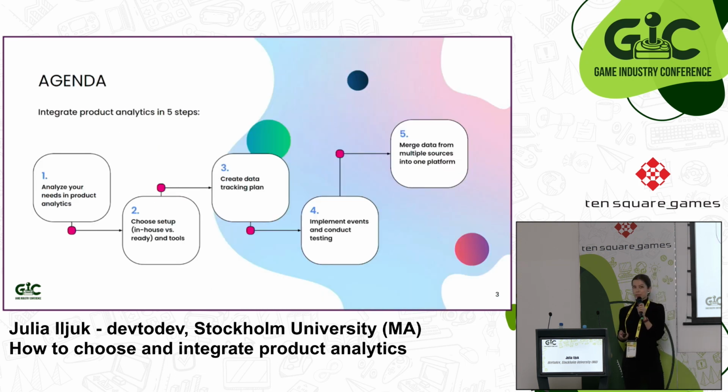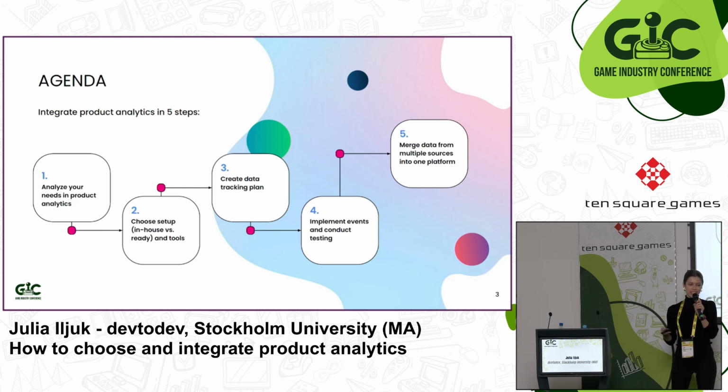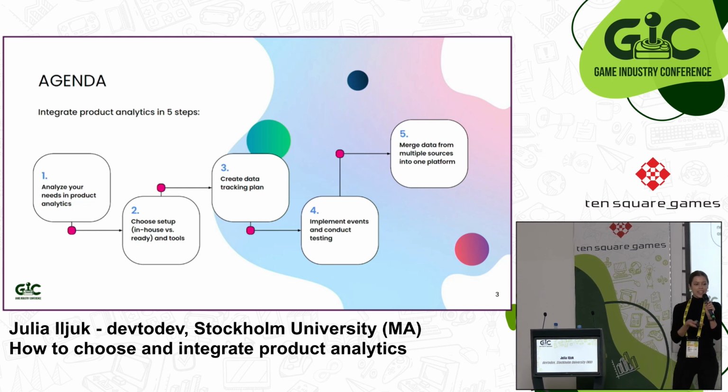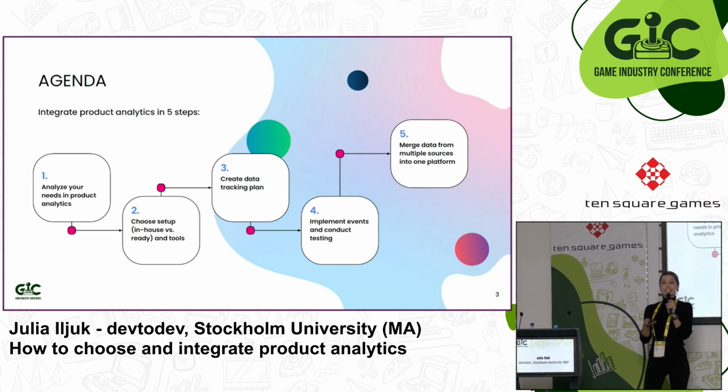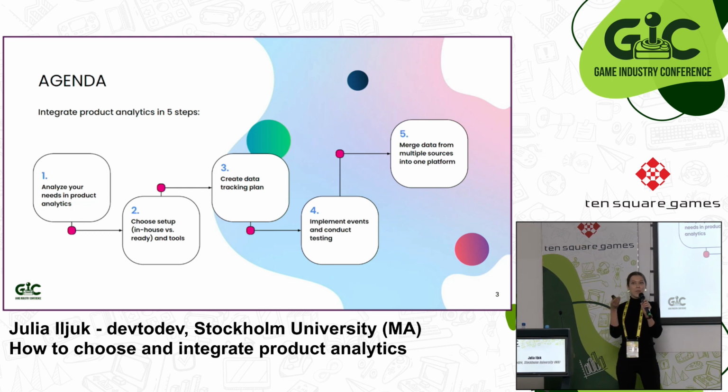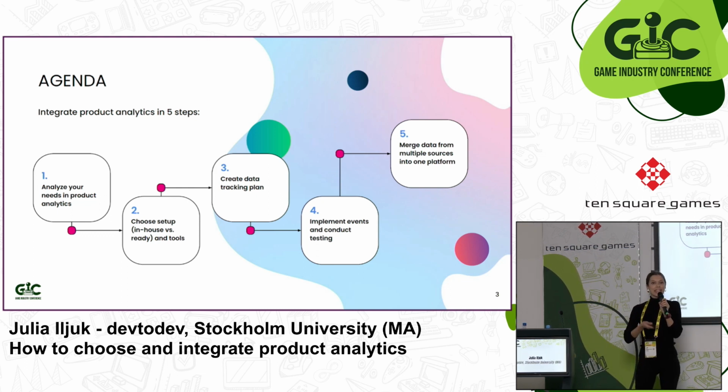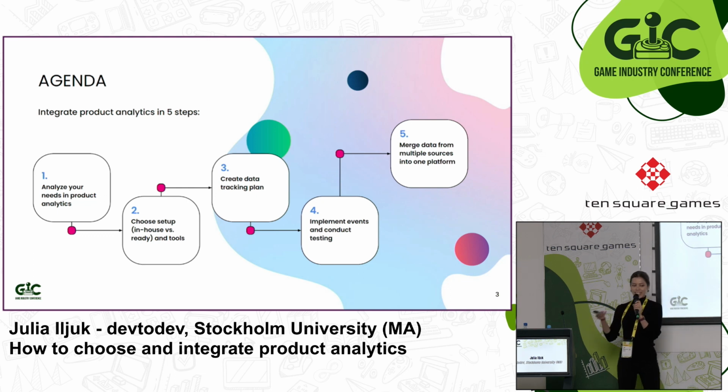This is the agenda for today. It covers the 5 basic steps that you would take when choosing and integrating analytics. First of all, you would need to analyze your needs in product analytics, why you need it, what daily tasks it will help you to solve. Then you would choose your setup and tools.